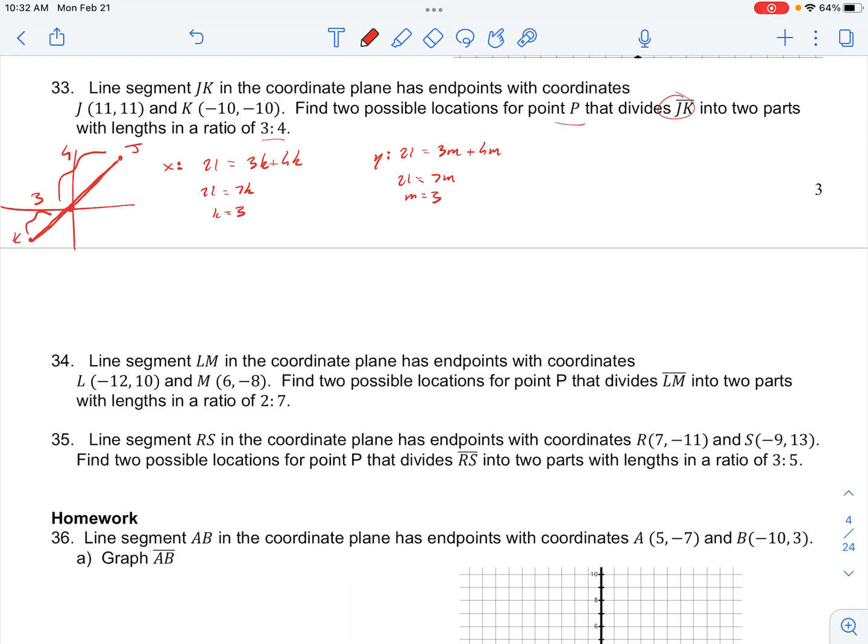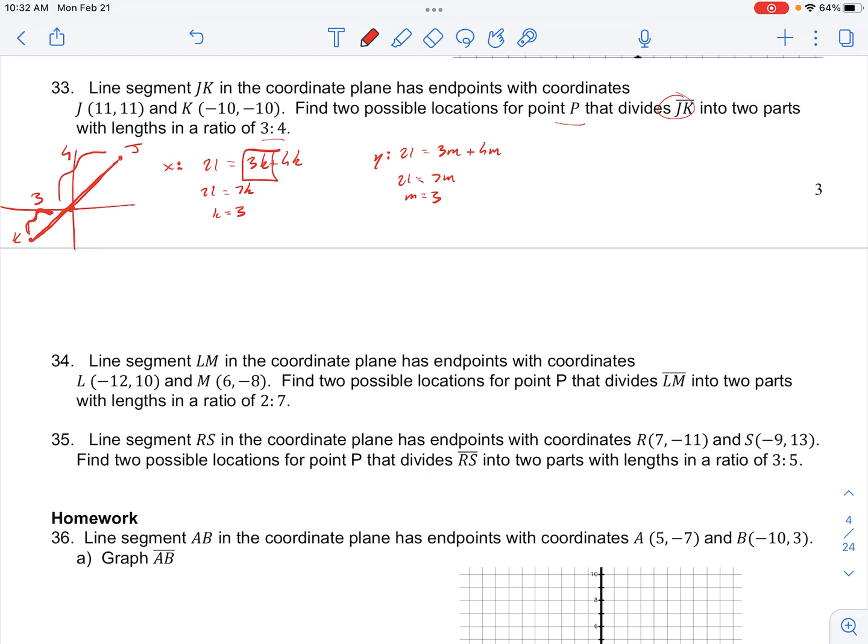In order to find the x-coordinate of our partition, we want to partition 3 from K, so this will be 3 times the value of k that we found, so that'll be 9.